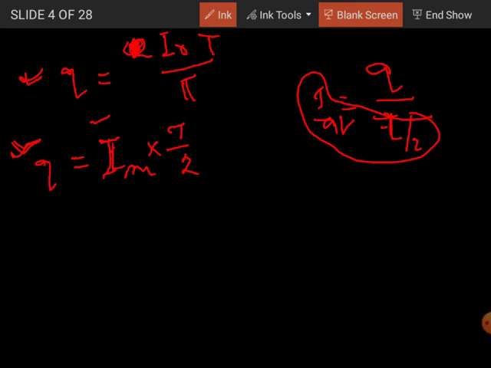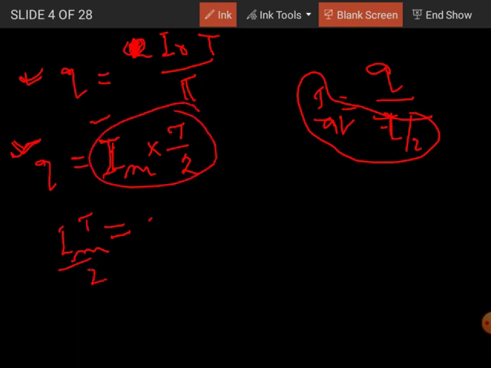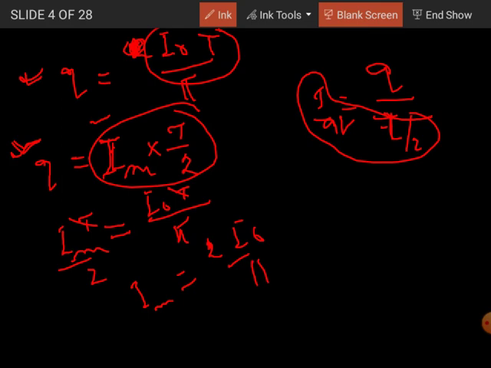So when you equate these two, with the time T by 2 here, equated with I naught T divided by pi, and you cancel the T, then your I mean will be equal to twice I naught by pi.